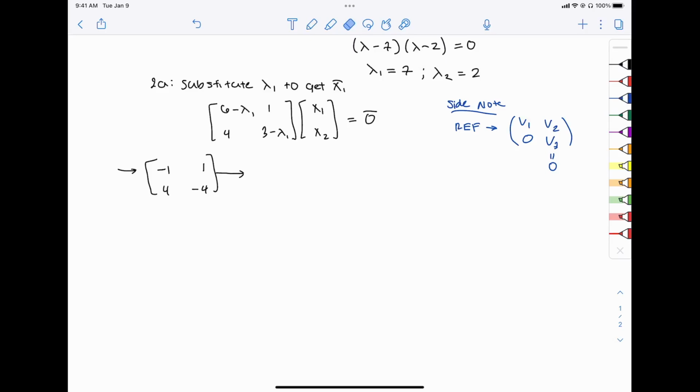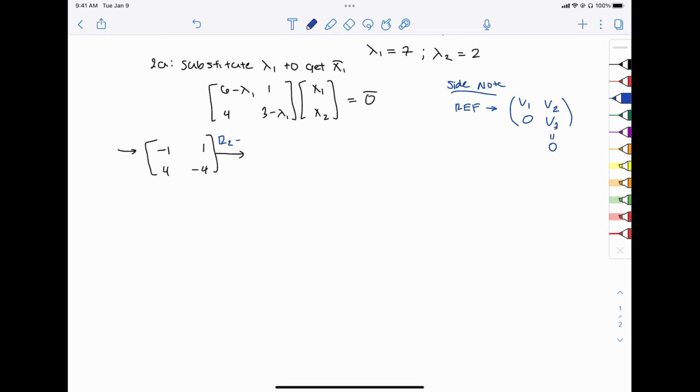So we accomplish this by doing row operations. And then basically we just say that row 2 is going to, actually we'll do row 2 plus 4 times row 1. So row 1 doesn't change.